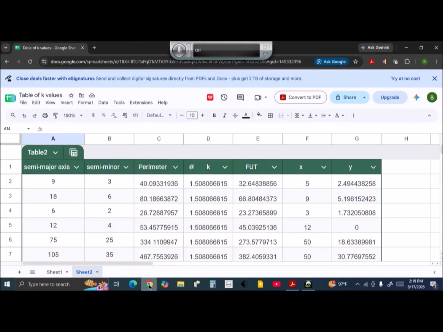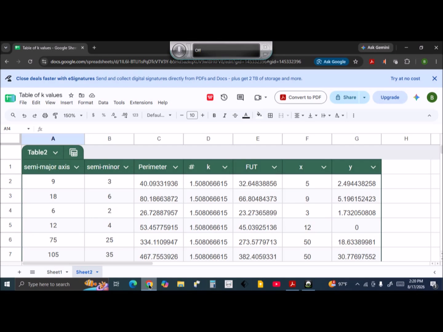So to make that clearer than my explanation, I'm going to look at a table here and show the discovery that not only did we have K being the same value when the semi-major axis is twice the semi-minor axis, but it also has the same value when it is 3 times the semi-minor axis, when the semi-major axis is 4 times the semi-minor axis.